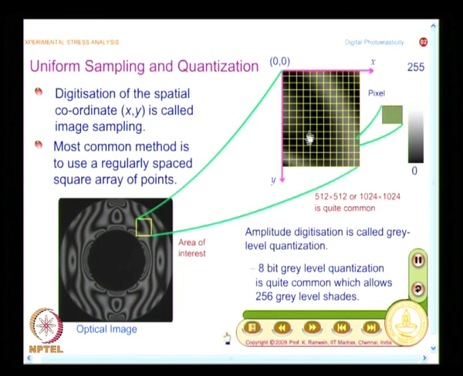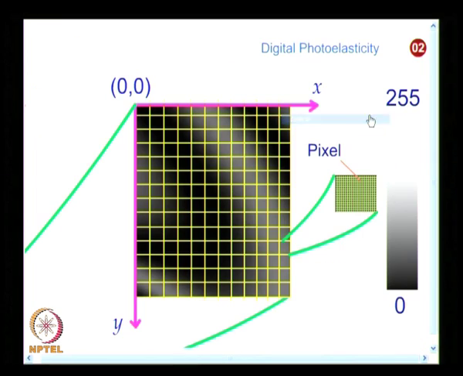This is further divided into smaller areas, which are further divided into small areas, and this is called a pixel. So, I have a spatial discretization of the domain as an assembly of pixels, and this pixel is very small.